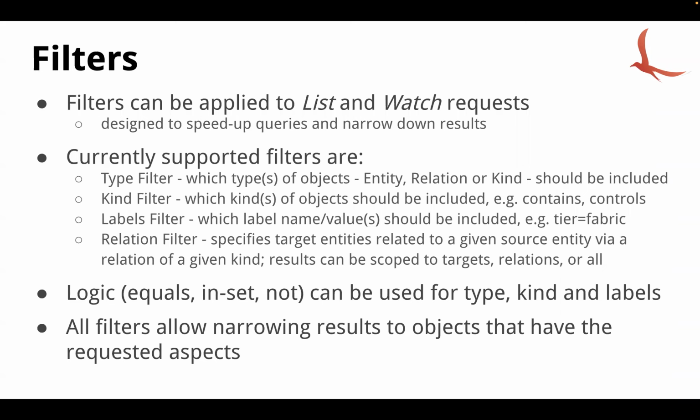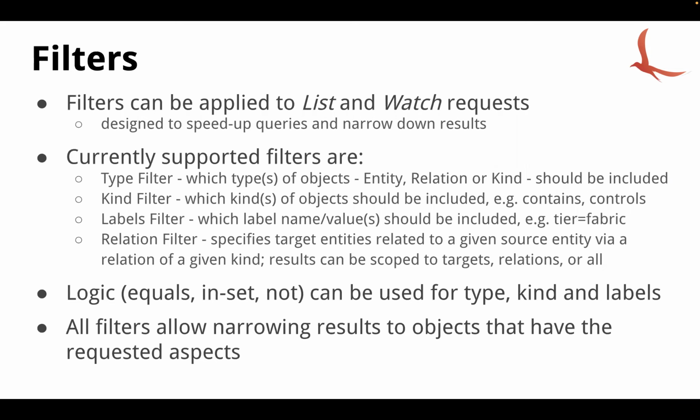Now, there are a few other scoping operations you can do. You can say, I not only want the target entities, but I actually would like the source entity too. I would also like all of the relations that actually lead to those things, and obviously the target objects.